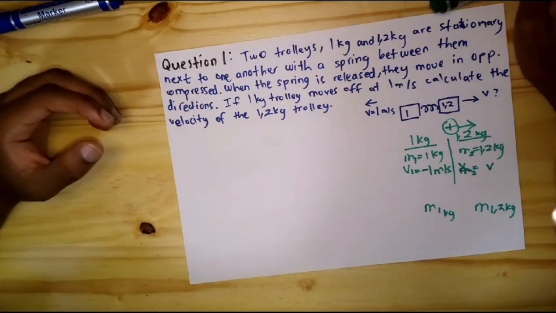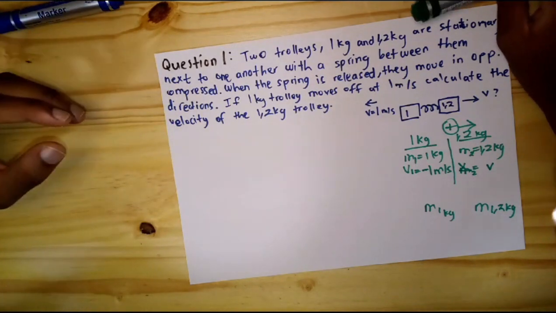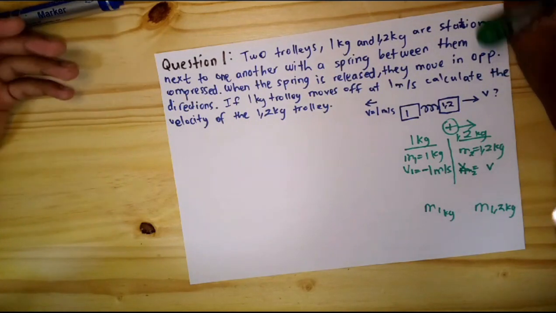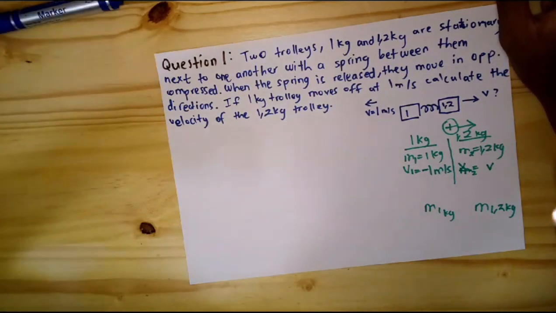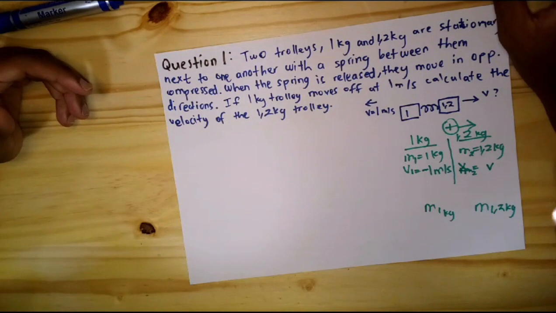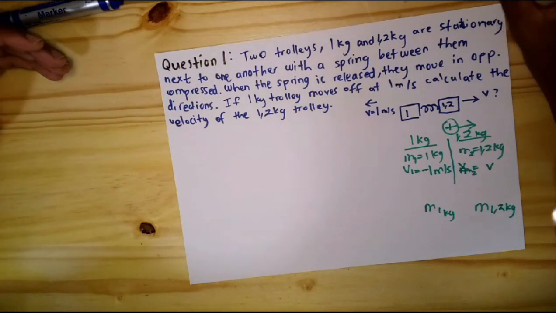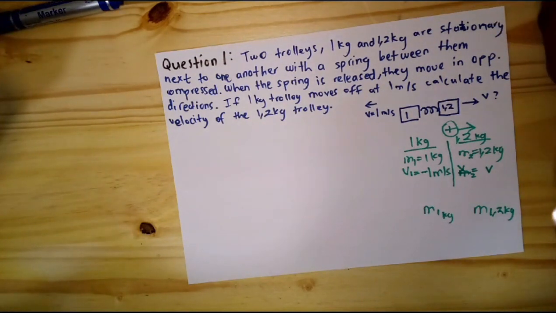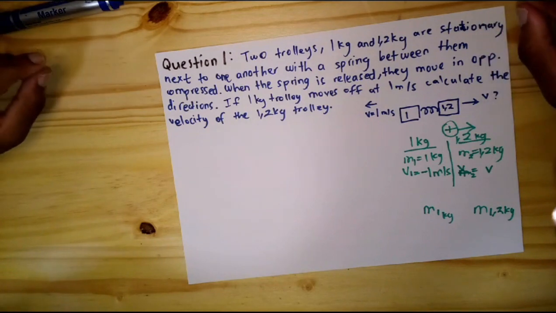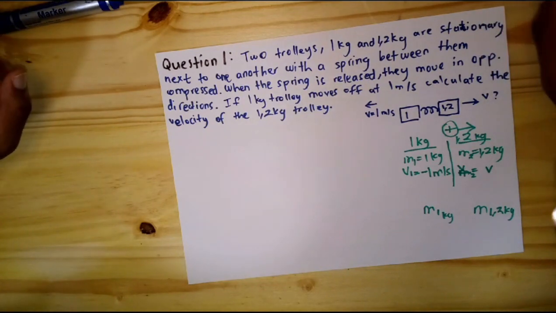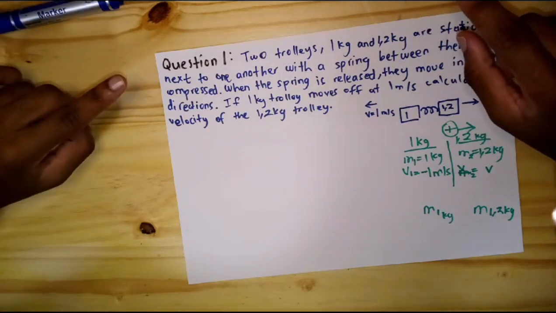But that's not necessarily how we focus on this, and that's not actually what action-reaction forces are. Action-reaction pairs are two forces exerted by two objects, one on the other and vice versa.